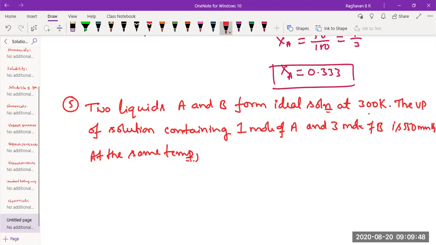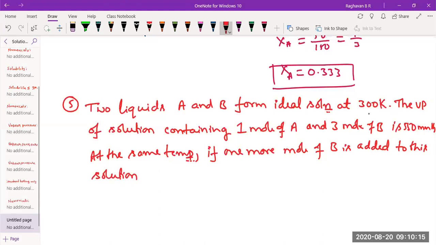At the same temperature, if one more mole of B is added to this solution, the vapor pressure of the solution increases by 10 millimeter.